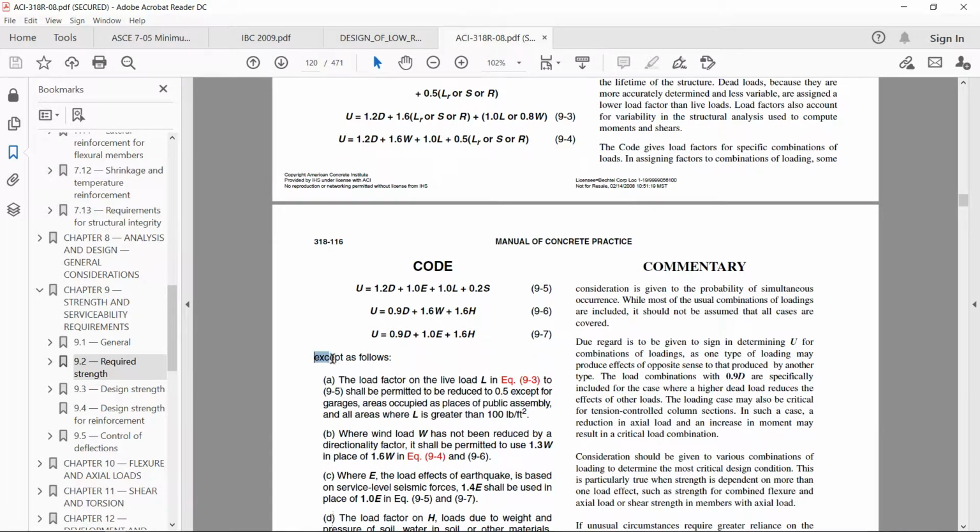It says except as follows: the load factor on the live load in equations 9.3 to 9.5 shall be permitted to be reduced to 0.5 except for garages, areas occupied as places of public assembly, and all areas where L is greater than 100 pounds per square foot.